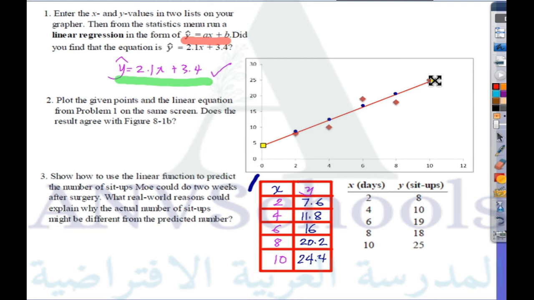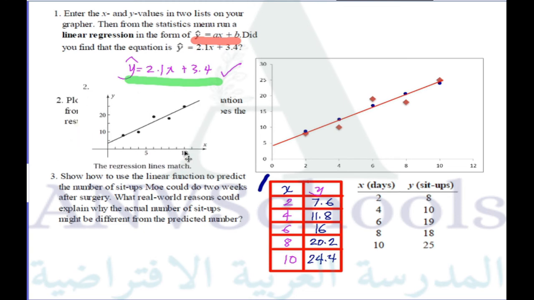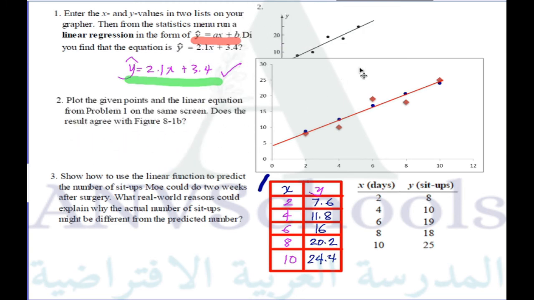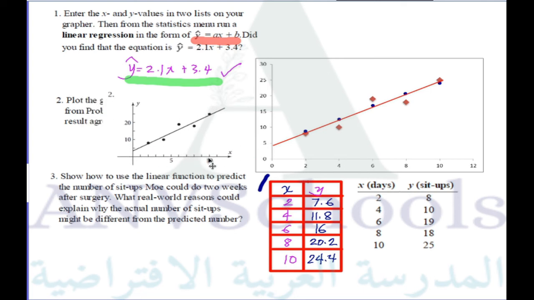Okay, and you can see that they are similar. So the results agree with the figure that we took from the previous figure. So you can see they are similar. I'll put it here. So they are similar. Okay?